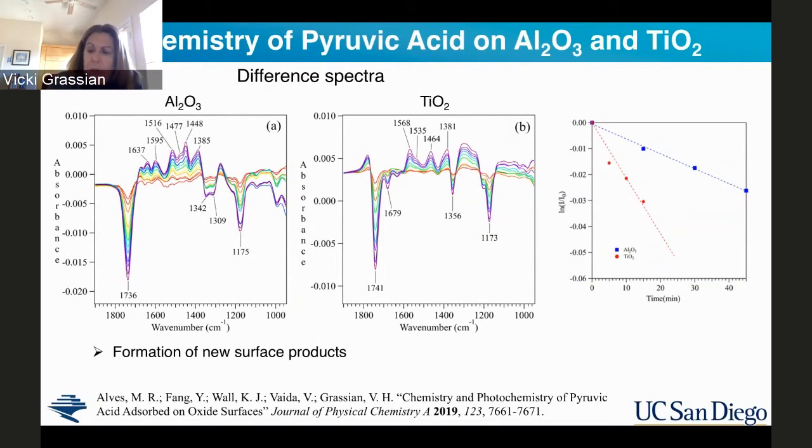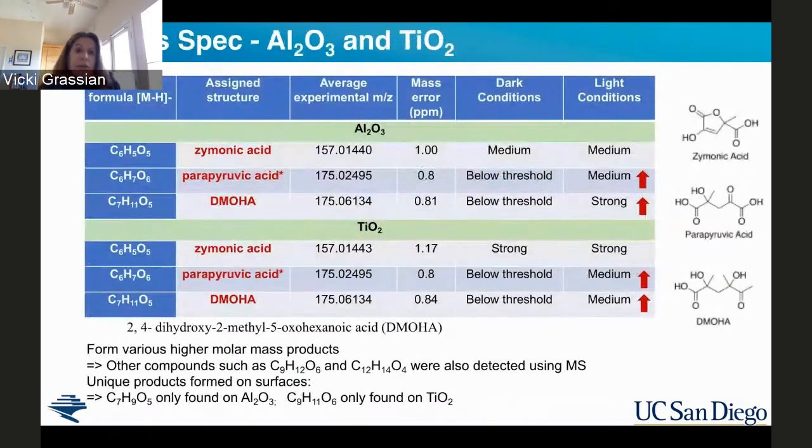And it was just going to be too hard to say anything more with IR spectroscopy. So what Mike Alves did when he joined the group was extract these products and do some high resolution mass spec analysis. And so what we see is that we get these higher order, these oligomers, these larger molar mass species, if you will, just by simple absorption on the surface under very mild conditions of room temperature, 298 Kelvin.